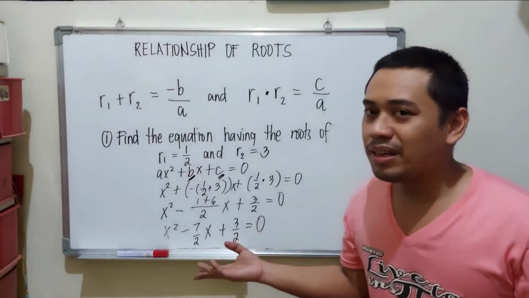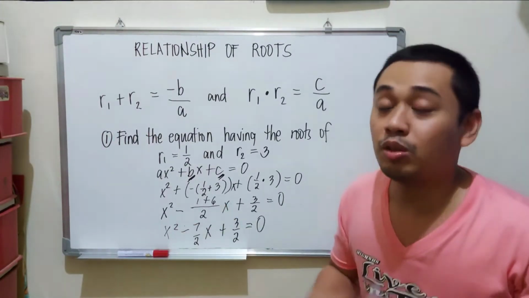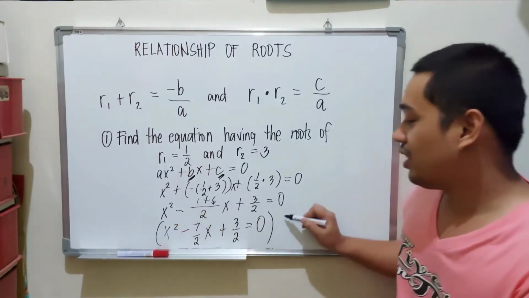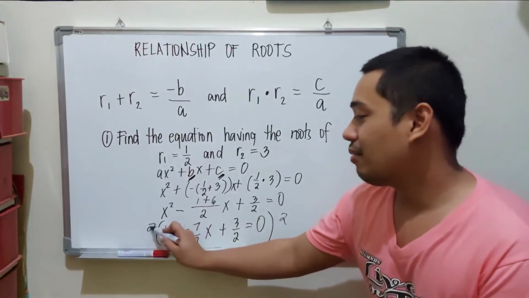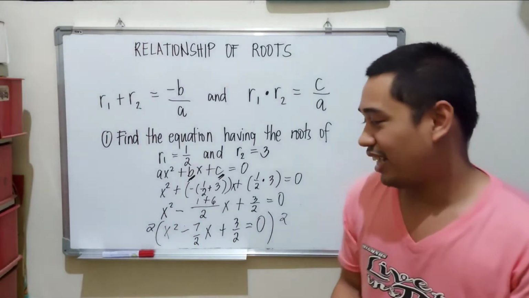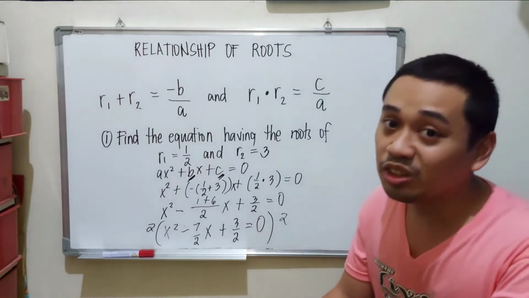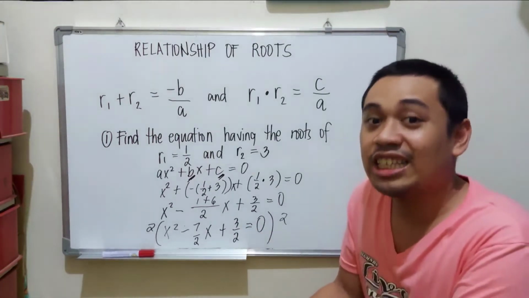Para ma-simplify pa natin to into the whole number form, we need to multiply the expression by the denominator on both sides to cancel out yung mga 2 sa denominator at ma-multiply natin siya sa x squared.